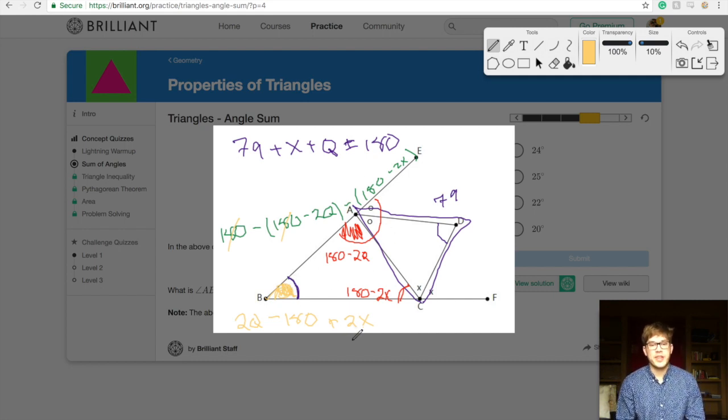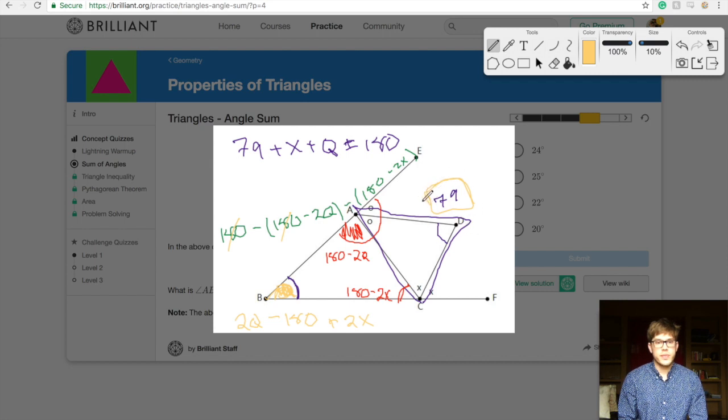So I'm not exactly sure if that's going to prove useful, but let's now think about for a moment what we have. Well, where does this 79 come into play? This must be key.